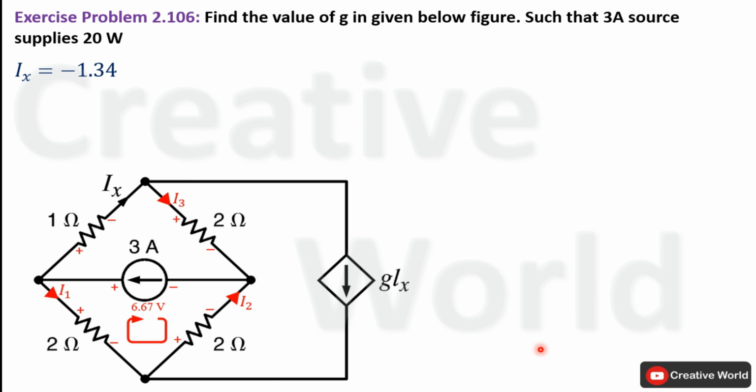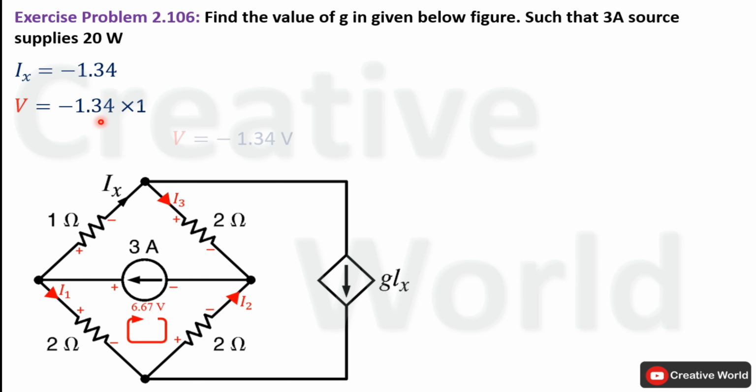For that purpose, we will again apply Kirchhoff's voltage law inside this closed loop. But before that, we have to find the value of voltage across this 1 ohm resistance because current through it is known. So the value of voltage will be the product of Ix and 1 ohm, while the value of Ix is minus 1.34.